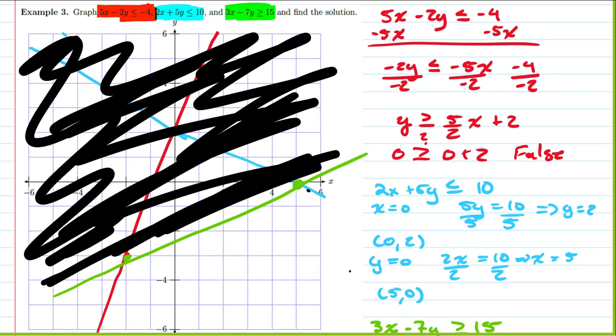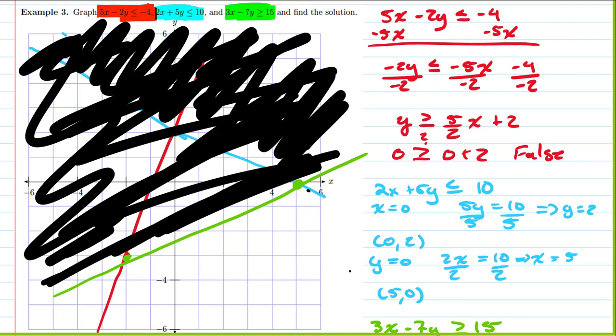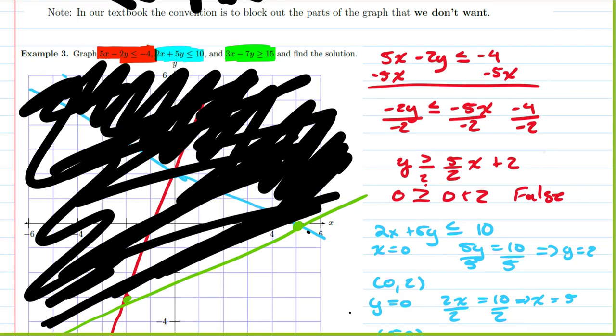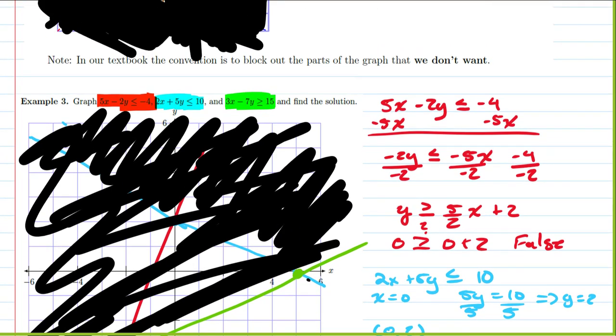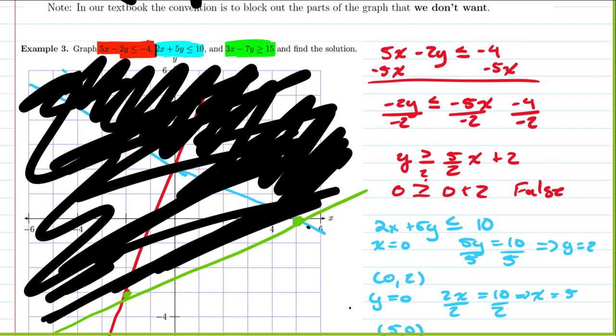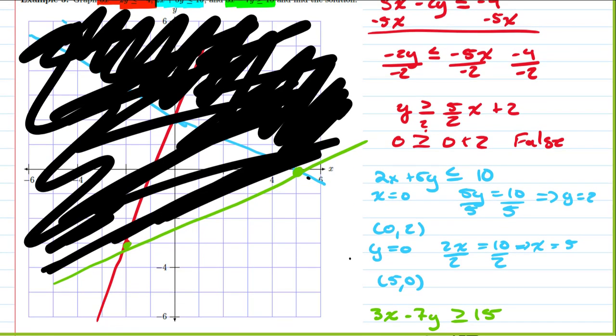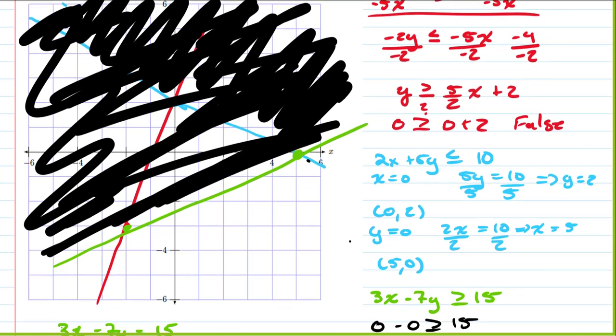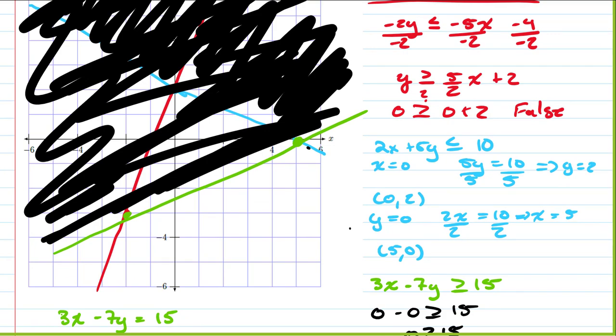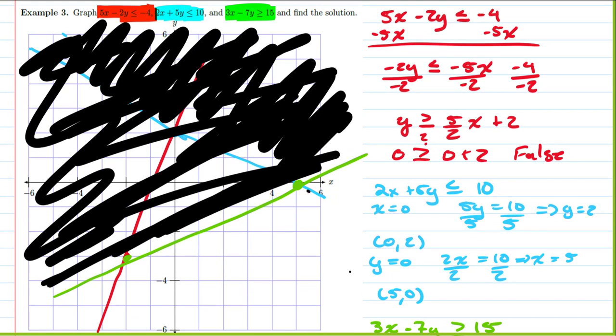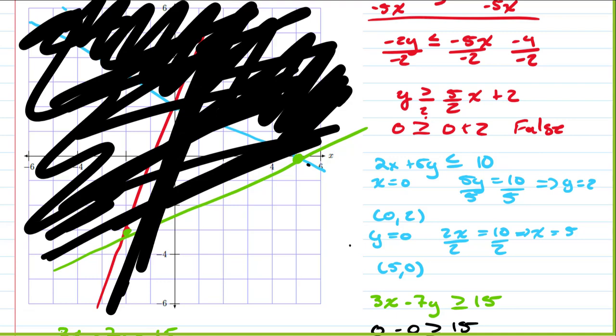Sure, so the region below the blue line is what we want. And then we check 0, 0 in this one, which we already did, which means we don't want 0, 0. So that means we would get rid of everything below 0, 0. So that's going to be this part.